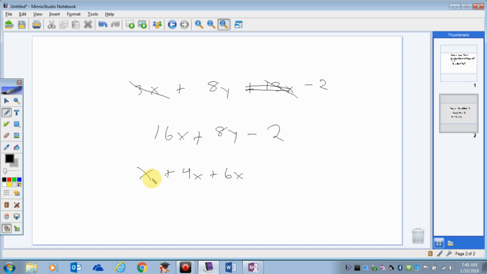So the letter by itself, you can assume there's a 1 in front of it even though you don't see it. So x plus 4x is going to give us 5x. And then we add 6x because it's a like term as well, plus 6x is 11x. Alright, so our answer there is 11x. So we were able to simplify this one all the way down to one value.